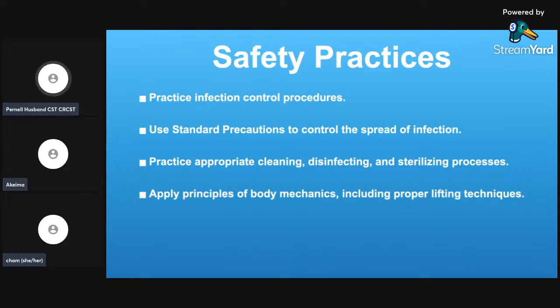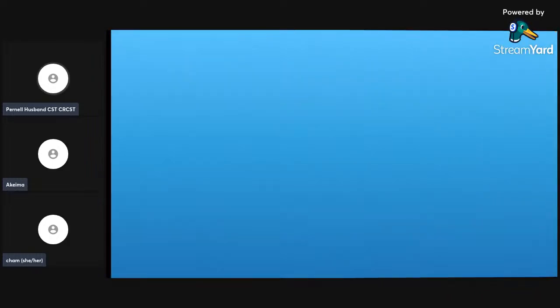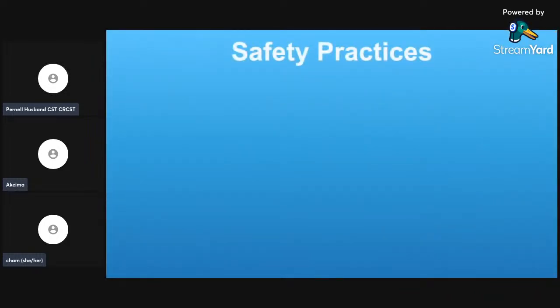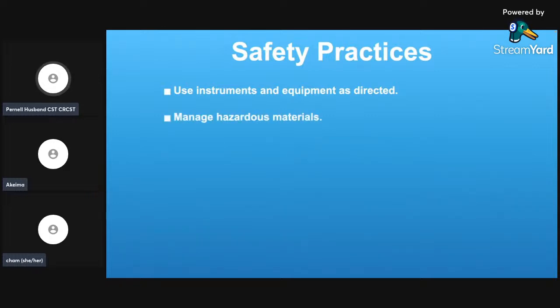Apply principles of body mechanics, including proper lifting techniques, a bunch of safety practices that we should be aware of. Recognize and correct fire and electrical hazards. Nobody wants a fire in a hospital. I've been there. Use instruments and equipment as directed. Manage hazardous materials appropriately.